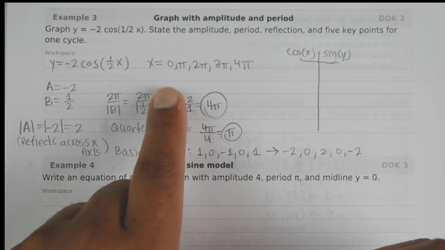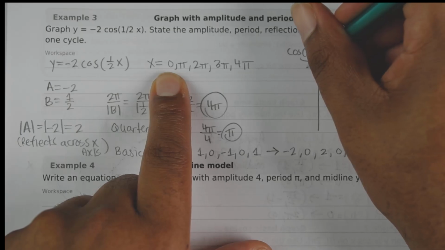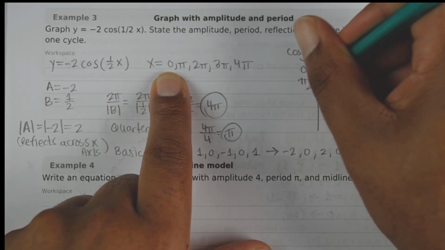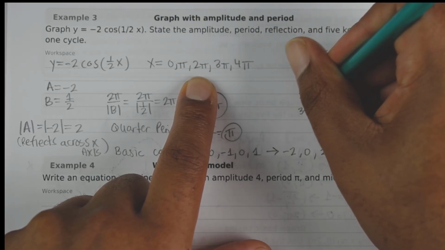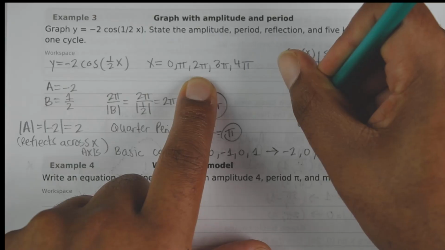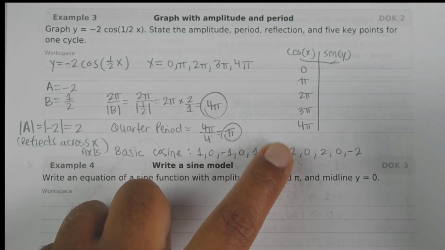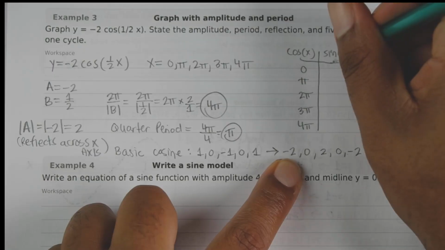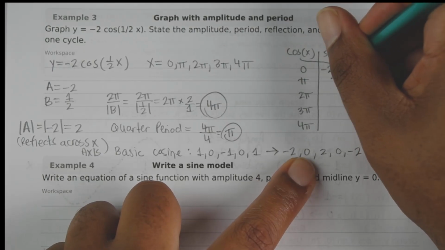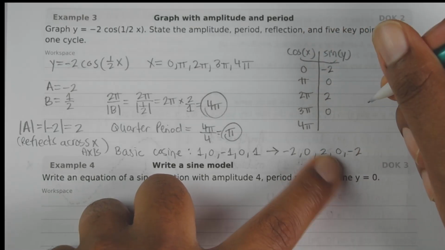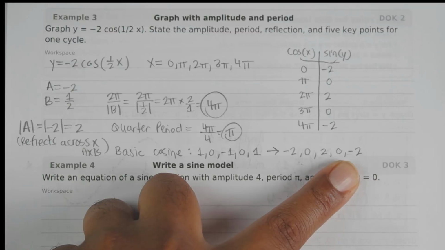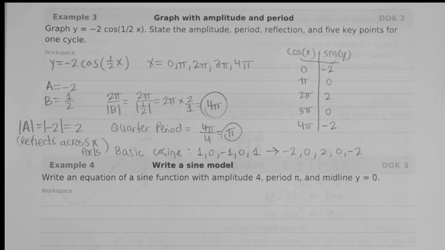We would have 0, pi, 2 pi, 3 pi, 4 pi. Okay. And then those would be -2, 0, 2, 0, -2. Okay.